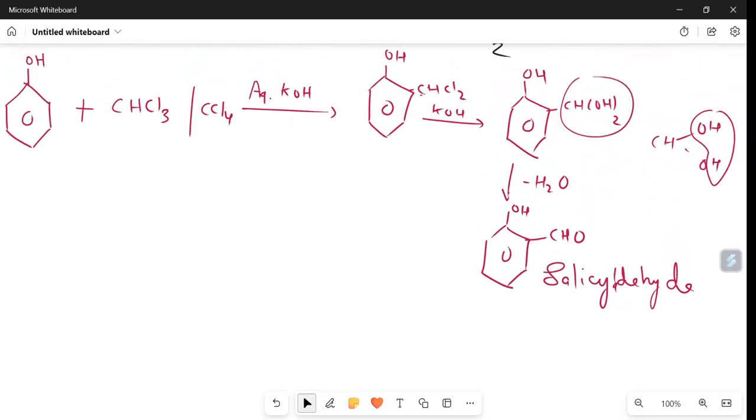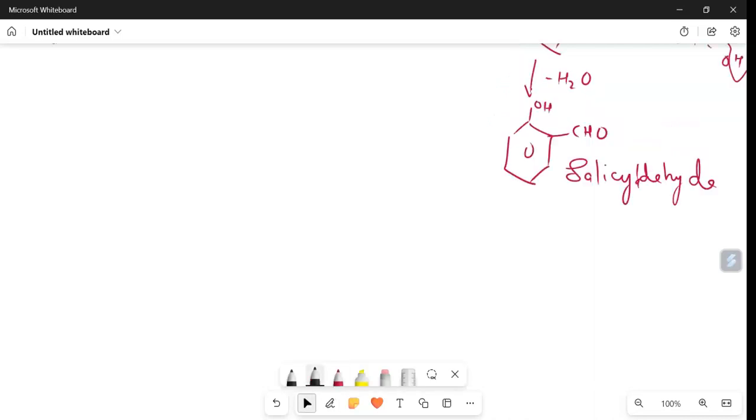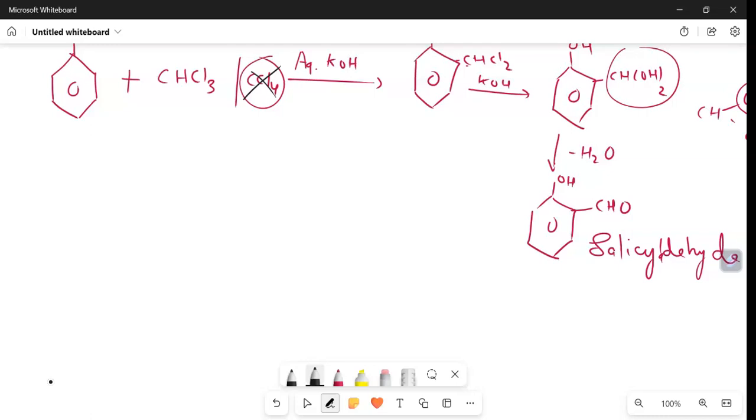And in case of chloroform, if we have used CCl4, the next reaction would be the reaction with CCl4.